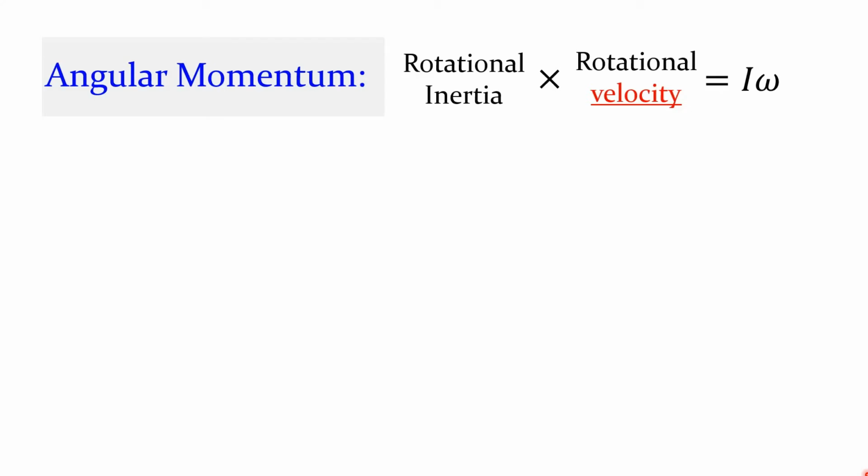I want to go back to our definition of angular momentum and highlight the fact that rotational velocity is a vector. So if angular momentum is defined by a vector, then it itself must be a vector. That's important because that means that angular momentum cares about direction.